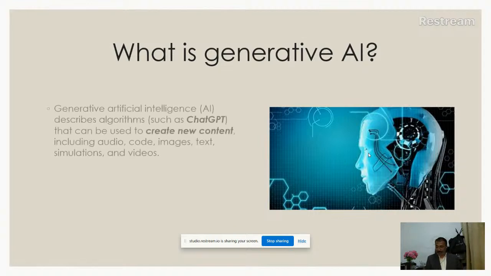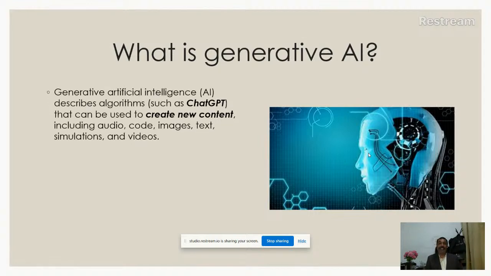First, let us understand what this generative AI is. It describes algorithms, for example ChatGPT, that can be used to create new content. It could include audio, video, image, text, or simulation, but is not limited to these.